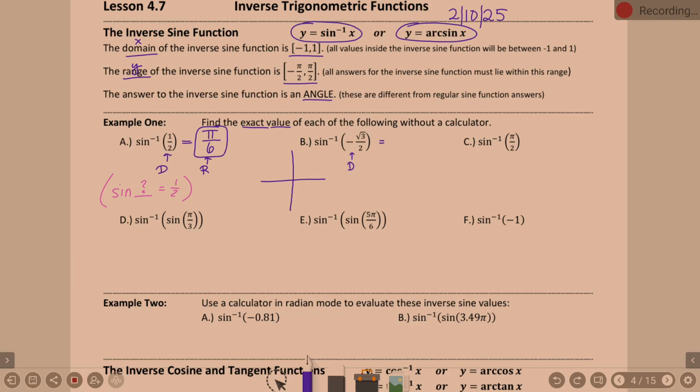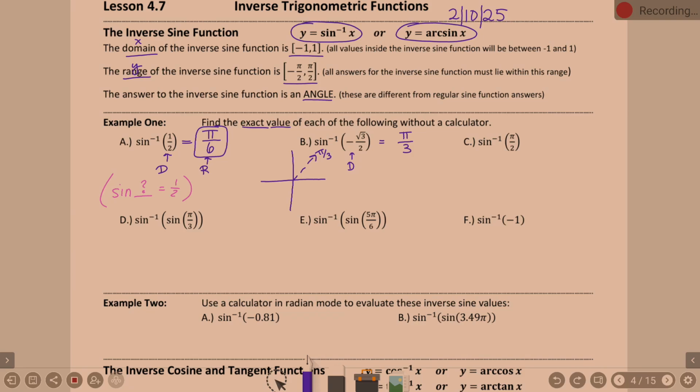So what that tells me is my answer is going to be some variation of pi over 3. And actually, maybe I shouldn't write that right there quite yet, but pi over 3 is up in quadrant 1, yes? Here's the deal. This is talking about where sine is negative.